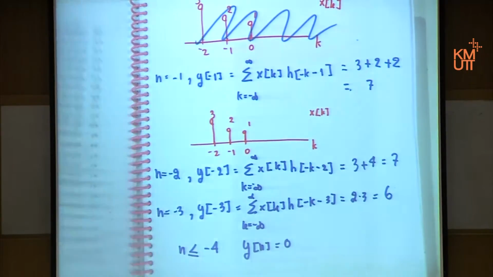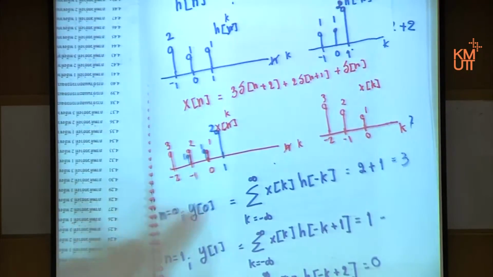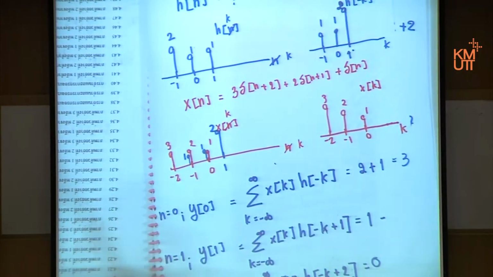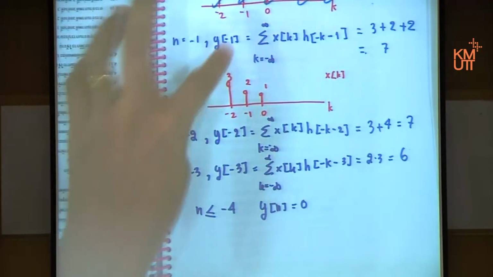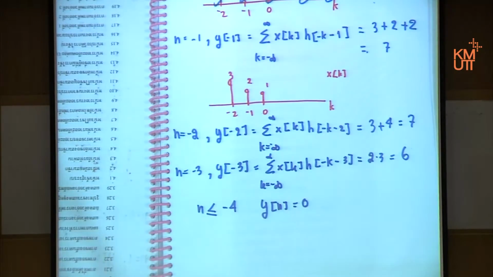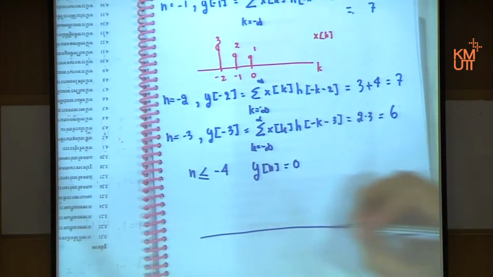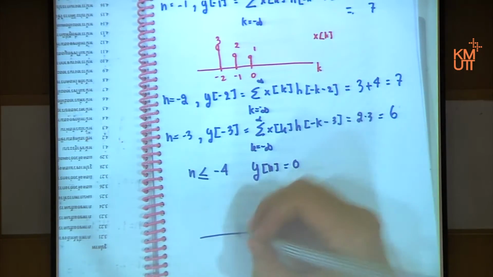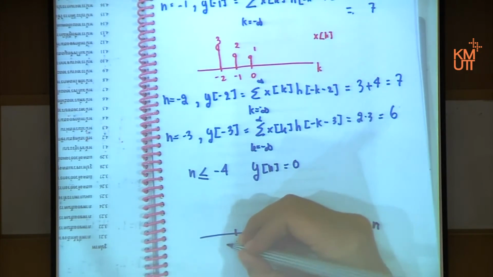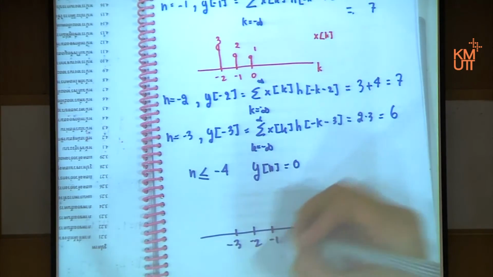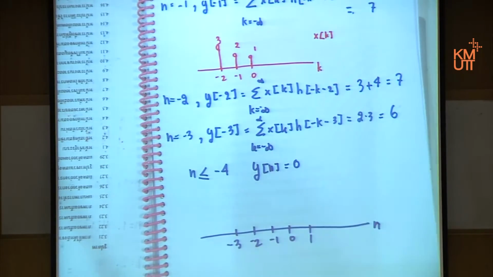So it means that you have y[0], y[1], and y[-1], y[-2], y[-3] like this. Can you plot a graph of y[n]? Minus 3, minus 2, minus 1, 0, 1.